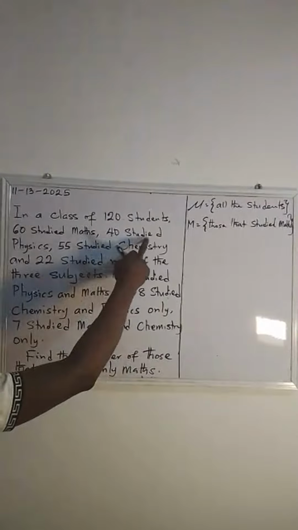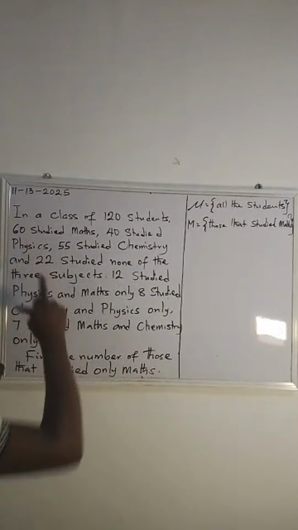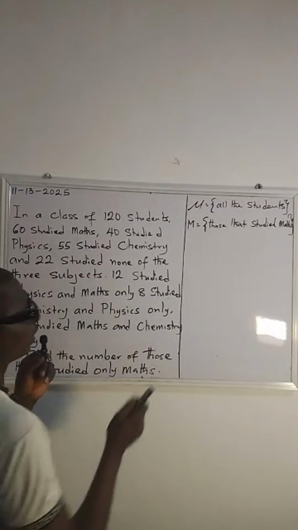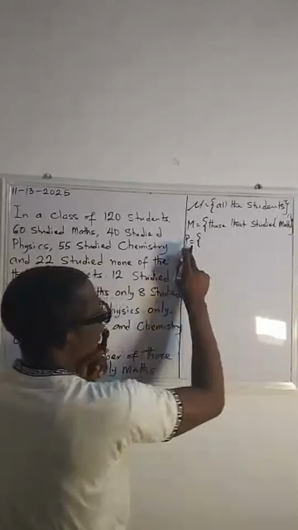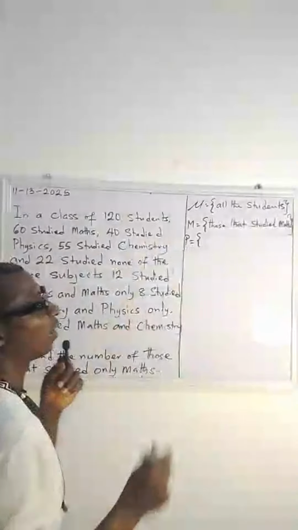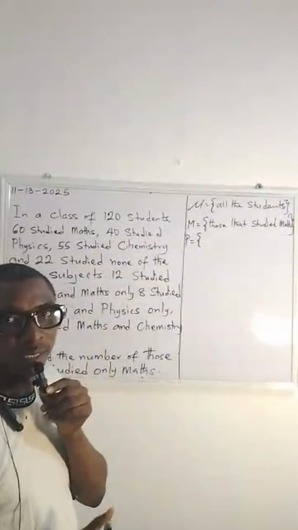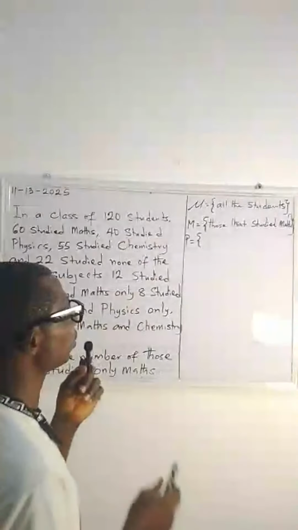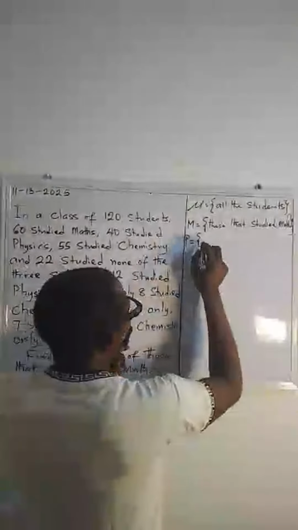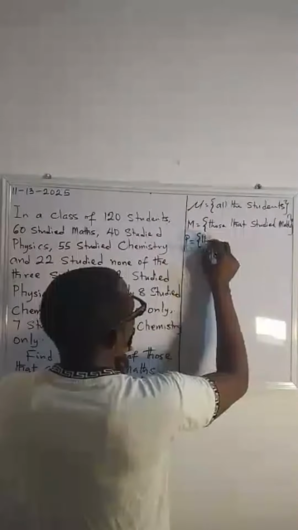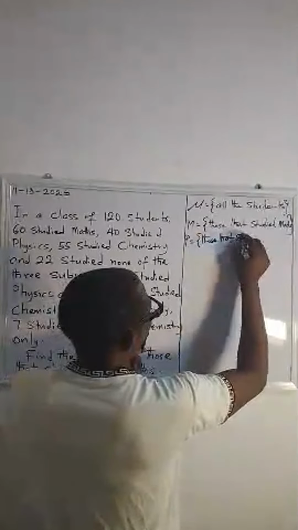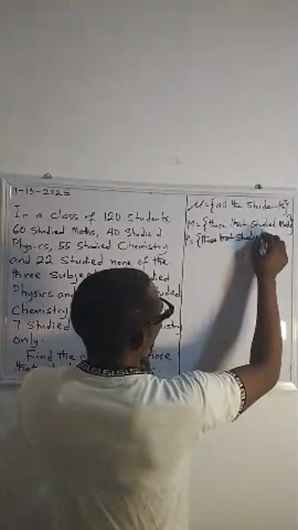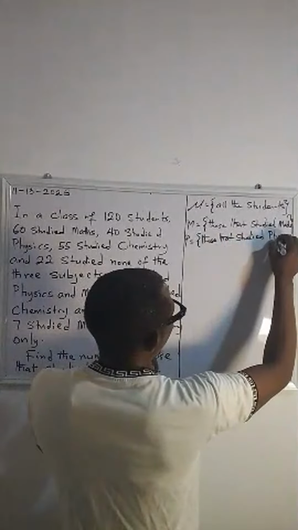Now, let's read on. Now, 40 studied physics. So we have another set of students that study physics. So now let's write that. Let P, capital letter P. Don't forget, our set is always represented with a capital letter. All right. So capital letter P should represent the set of those that studied physics.